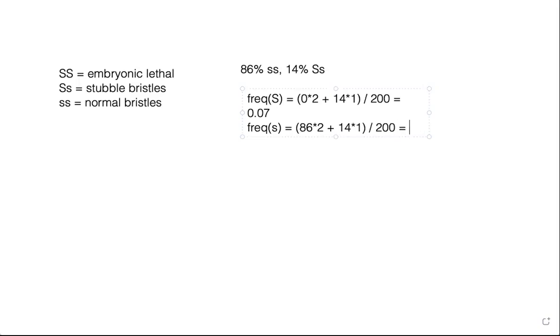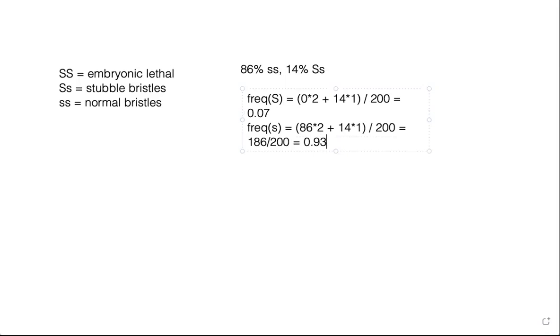And 86 times 2 is 172. Add 14, 172 plus 14 is 186. And that's 186 divided by 200 equals 0.93. So you can do it the long way if that will keep you from getting yourself mixed up.